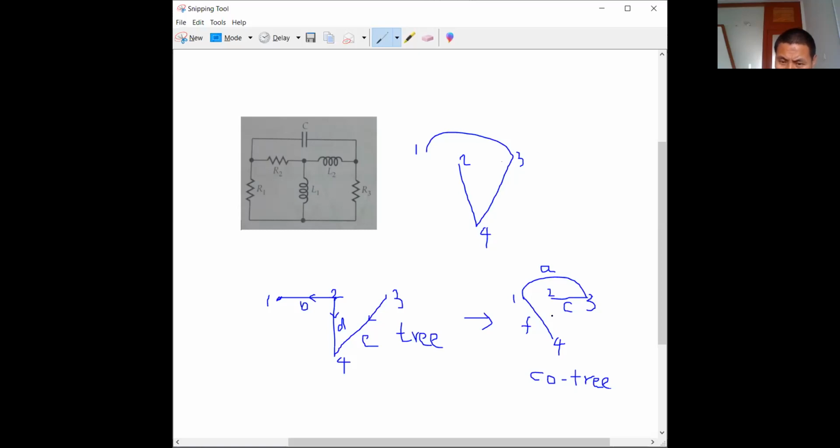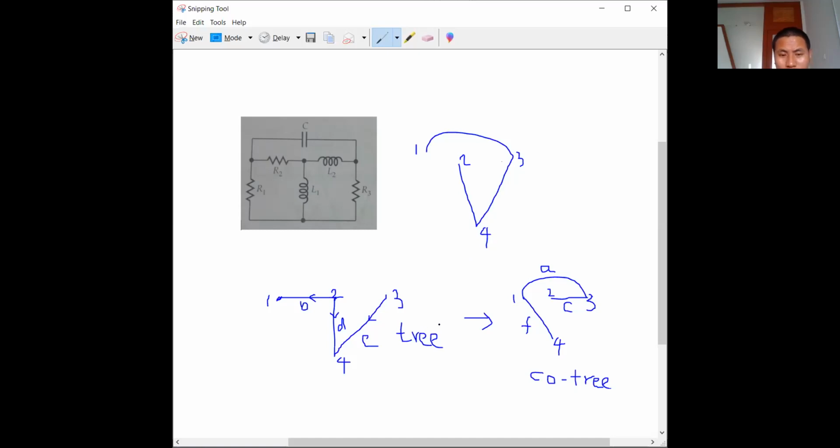Again there's no closed path. Now this is formed from the links. Links are the branches which are not involved in the formation of the tree. If we connect all the links together and they connect all the nodes, then it forms another tree, and that tree is called the co-tree, or the co-tree is the tree formed by the links.